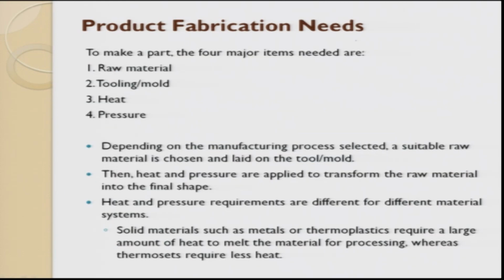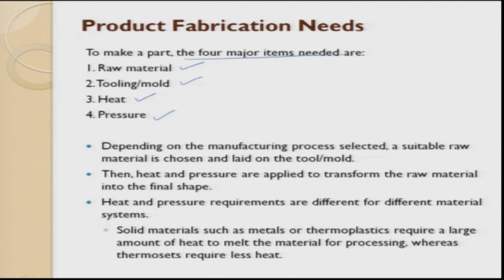The product fabrication needs generally are, to make a part, 4 major items which are required. One is raw material, the other is tool, then heat and pressure. Depending upon the manufacturing process selection, suitable raw material is chosen and laid in a tool. Then heat and pressure, depending upon the requirement, heat may or may not be applied, or a combination of these two can be applied.